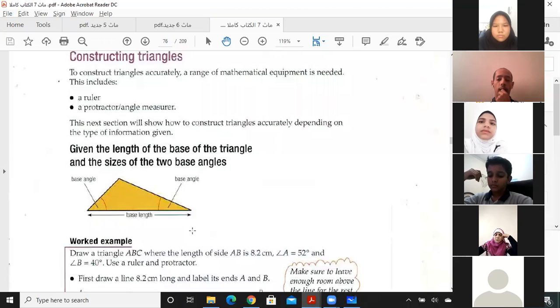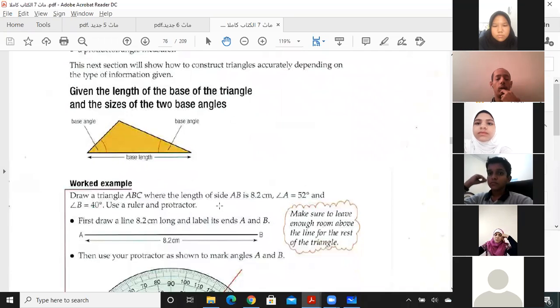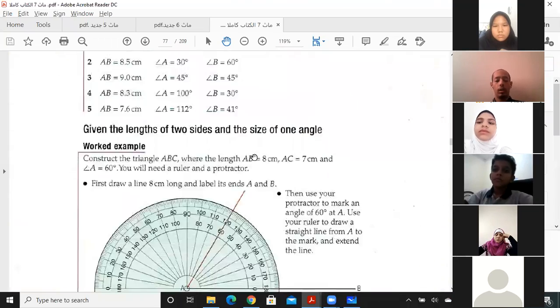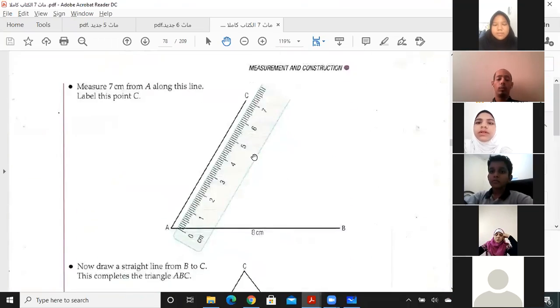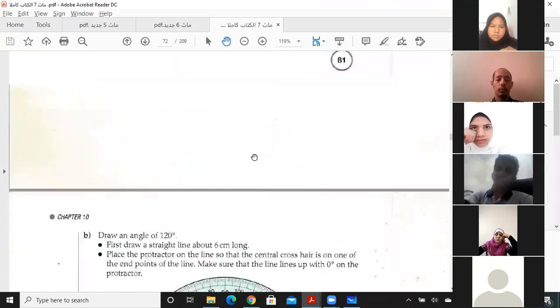So please buy one. We're going to construct triangles using the protractor and the sizes of some angles. You will need it a lot in the future, so you have to buy one if you don't have it.